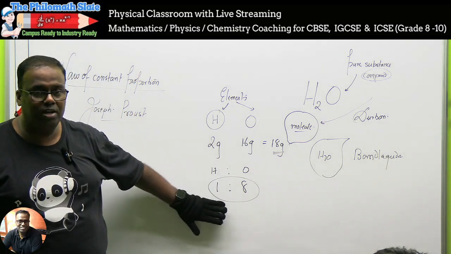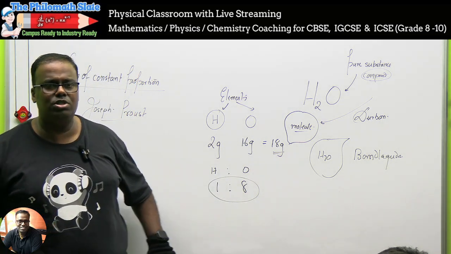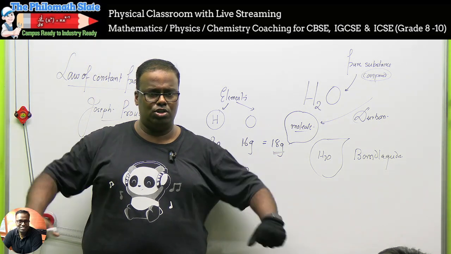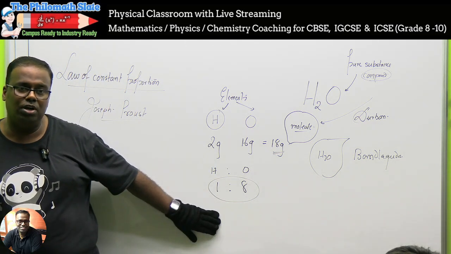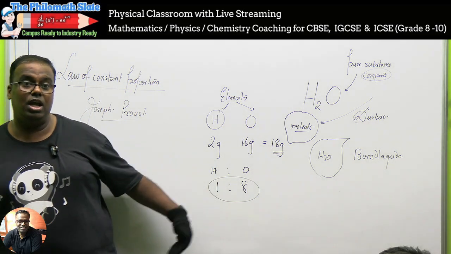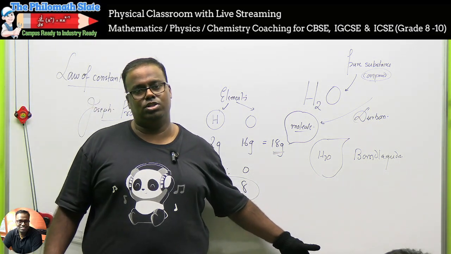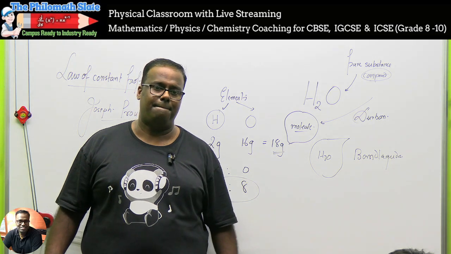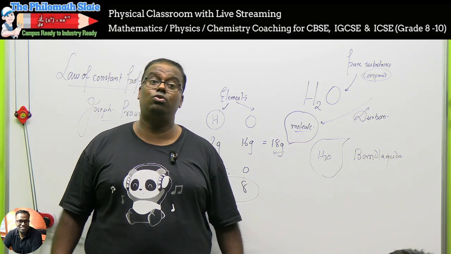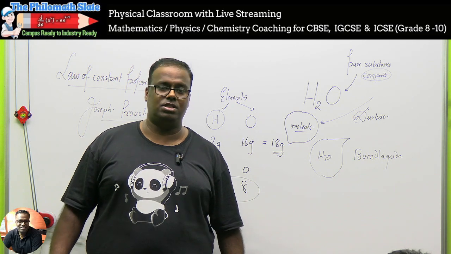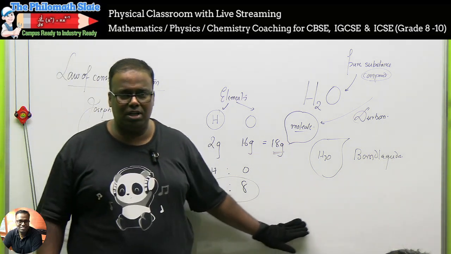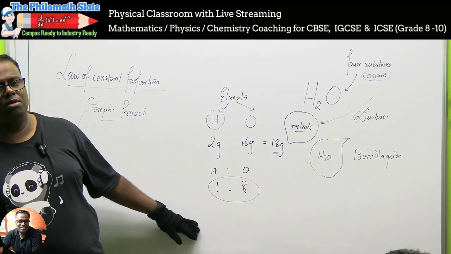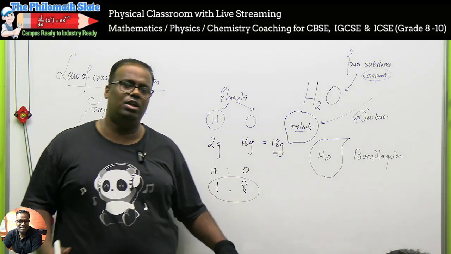Means if one part is hydrogen, say suppose we bring a molecule which is 100 gram of water. 100 grams of water में one part will be hydrogen, 8 parts will be oxygen. Then the weight of each element is fixed, right? That we will get to know when we learn atomic mass. These numbers are a bit alien to you. These numbers will become clear to you once we actually learn atomic mass.